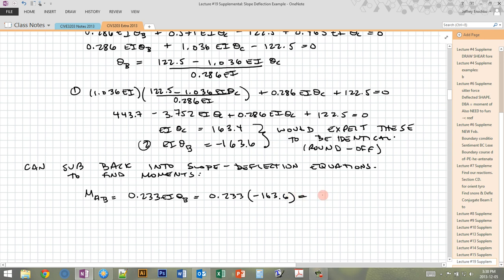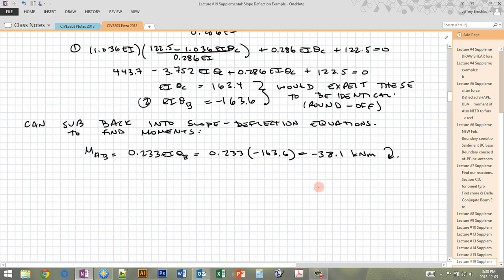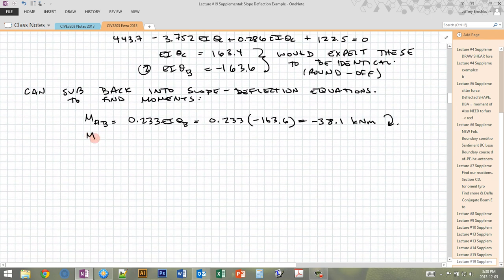So therefore MAB is equal to negative 38.1 kilonewton meters, and since it's negative, that means it goes clockwise. Then we can do the same for all of the other slope deflection equations.